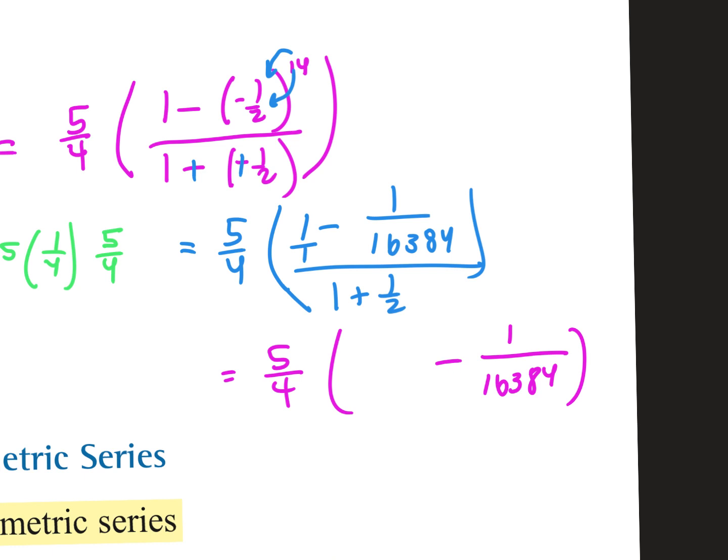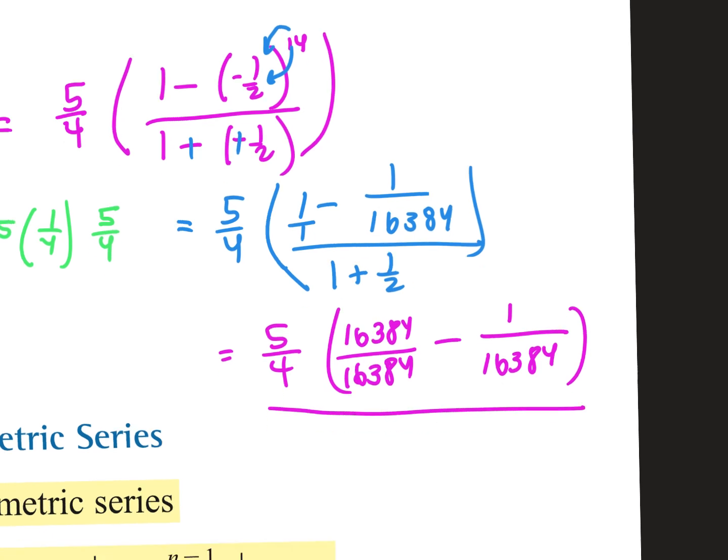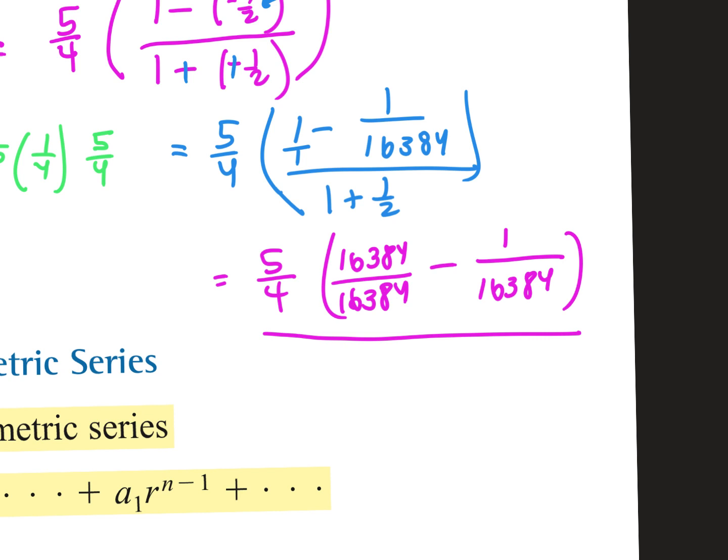How can I change the whole number 1 into 16,384ths? There you go, 16,384 over what? 16,384. Yes, it's a big number, but it doesn't matter. It's just over itself, not a big deal. And then what can I simplify the bottom to? 2 over 2 plus 1 over 2 is? Okay, 3 over 2. Good.